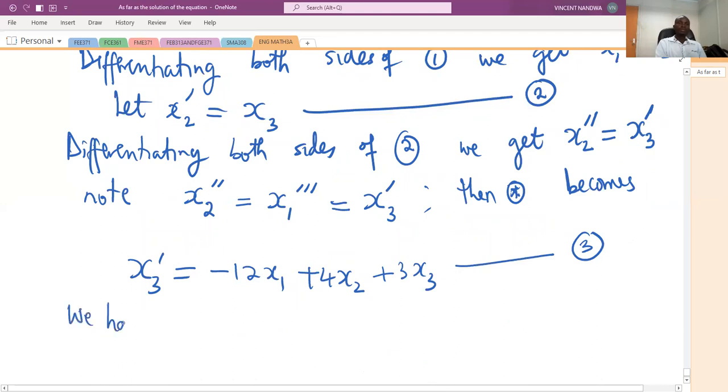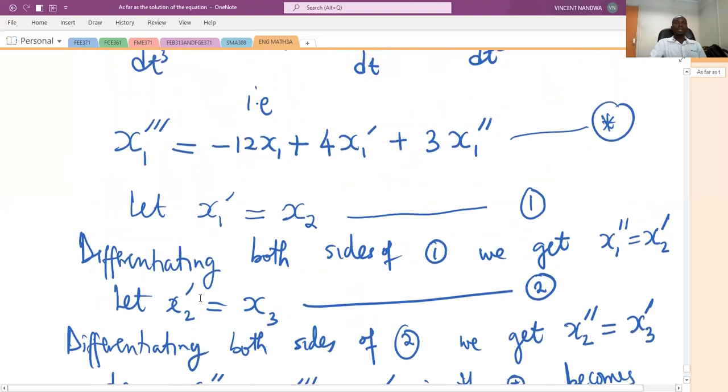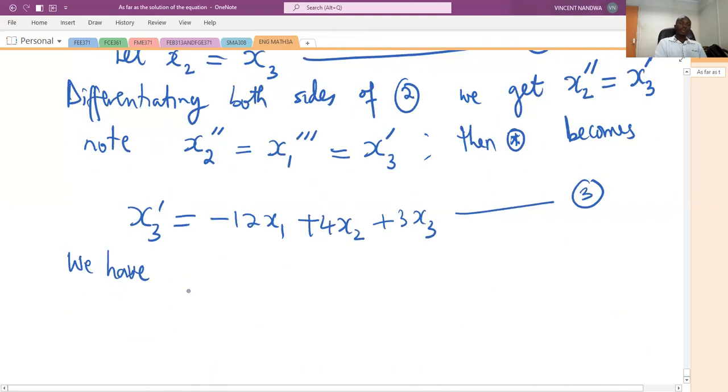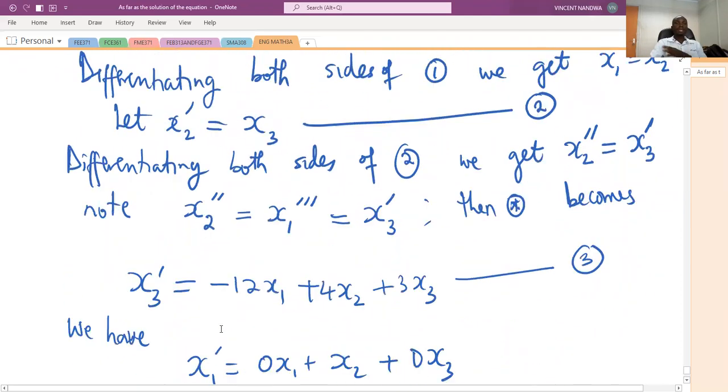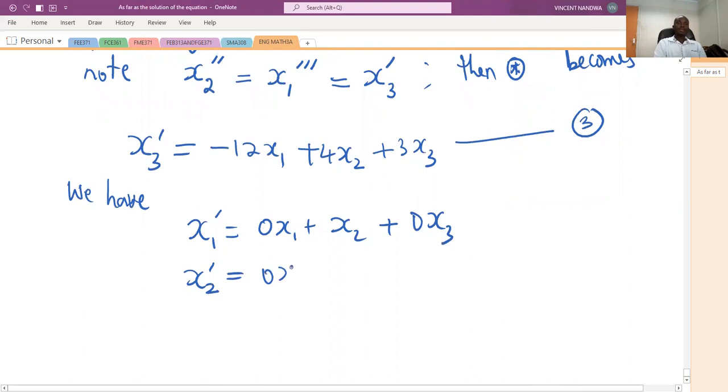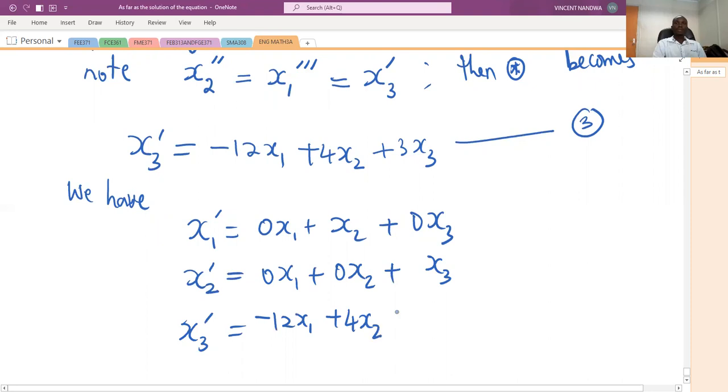So in equation 1, x1 prime is x2. So we write x1 prime equals 0x1 plus x2 plus 0x3. And then in 2, x2 prime is the same as x3. So I can write it as 0x1 plus 0x2 plus x3. And then in equation 3, we have x3 prime is minus 12x1 plus 4x2 plus 3x3.